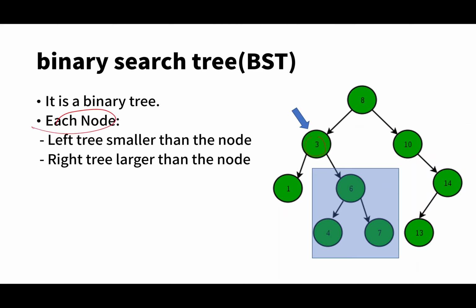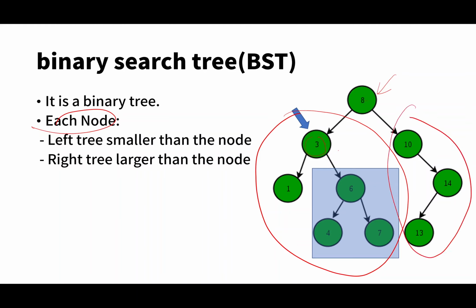Every node has the same property. For example, for this node, all the nodes in the left tree have keys smaller than it, and all the nodes in its right tree have keys larger than it. This binary tree is called a binary search tree.